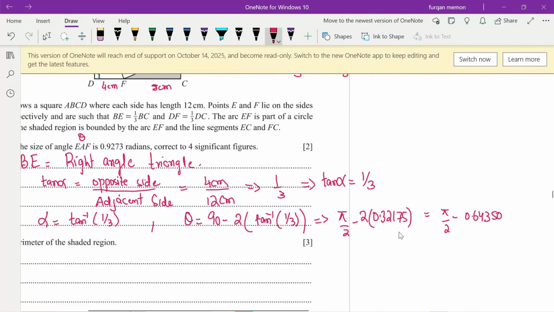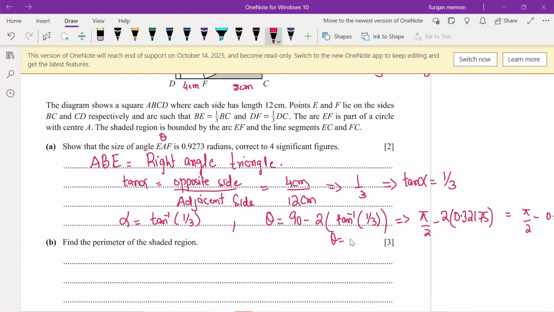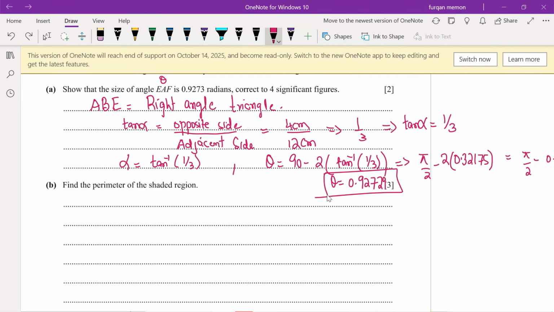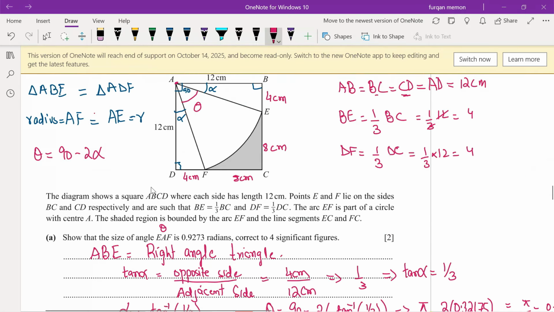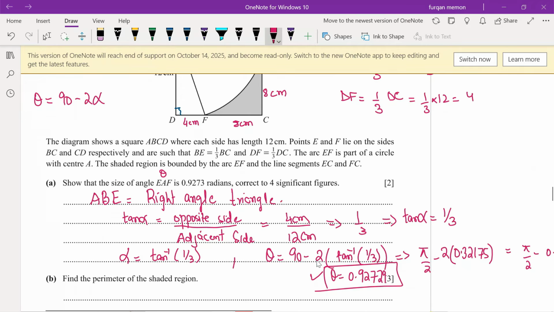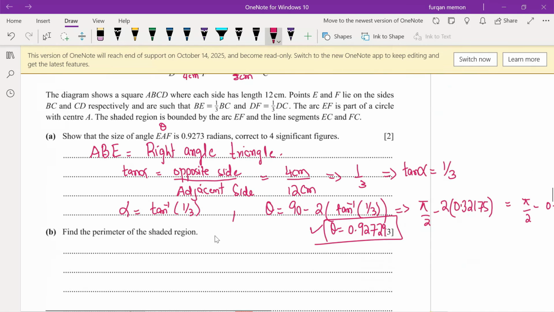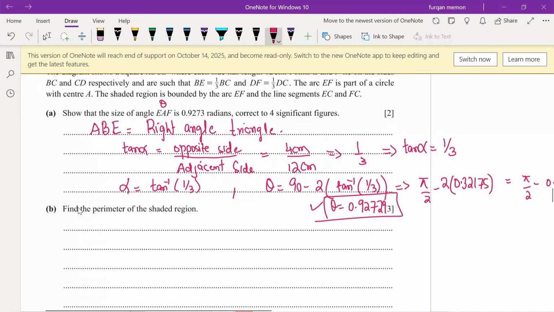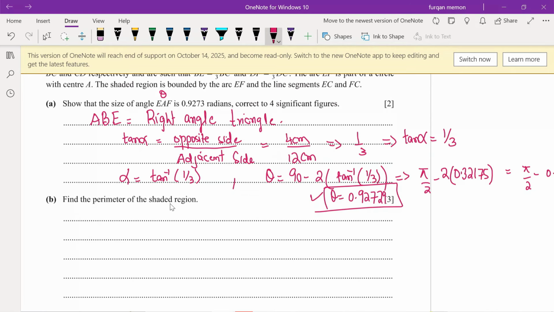This will be equal to theta equals 0.9279. So this is the required angle, and we have shown that the angle theta is 0.9273.